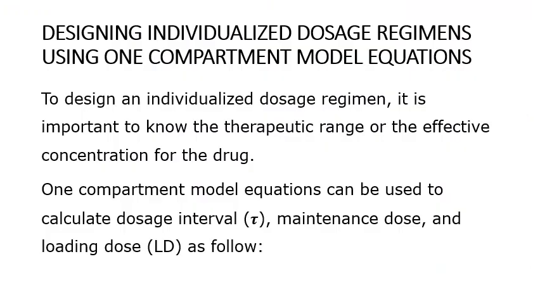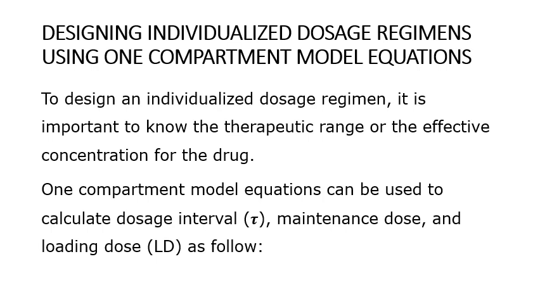Okay, so we come to the designing and individualization of dosage regimens. We can use here one compartment model equations. To design an individual dosage regimen, it is important to know the therapeutic range or the effective concentration of the drug.